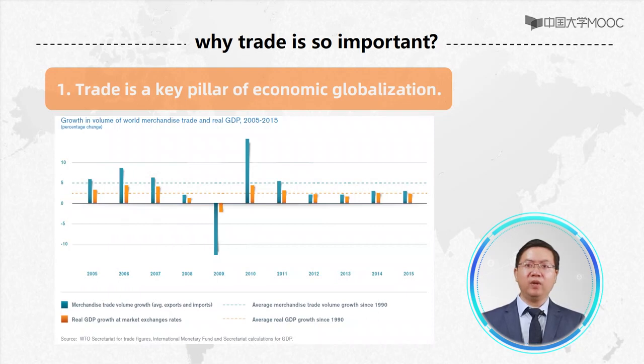From figure 1, we can find that during 2005 to 2015, whenever world merchandise trade developed robustly, the performance of world real GDP growth rate was also good. However, in 2009, because of the global financial crisis, world trade volume shrank heavily, which also pushed the world real GDP growth rate to be negative.